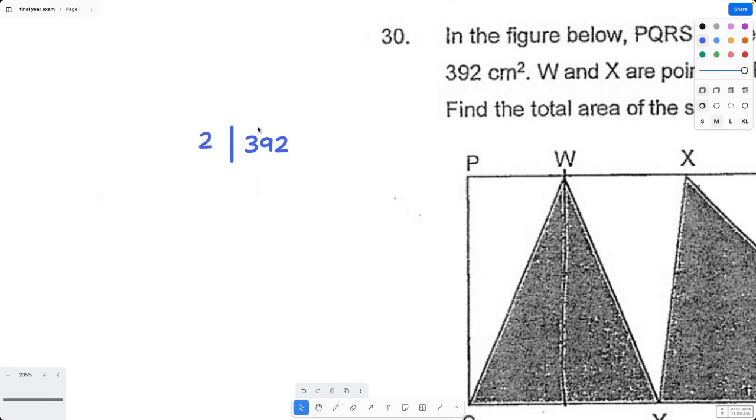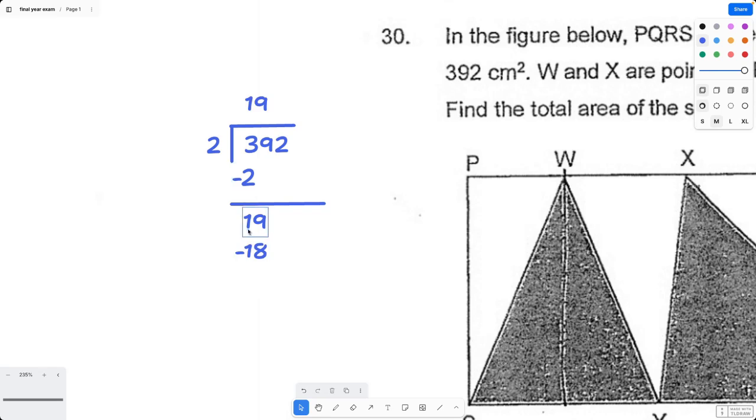So for 392, let me just minus 2 itself, and this will give me 1, right? But we cannot minus 1, so we put 19. So 19 minus 18, where 9 times 2 is 18.